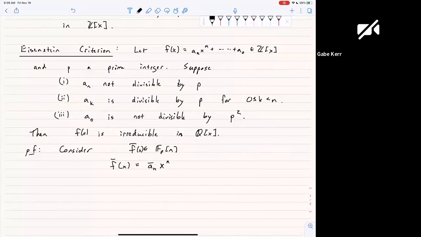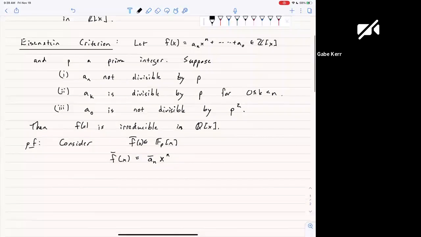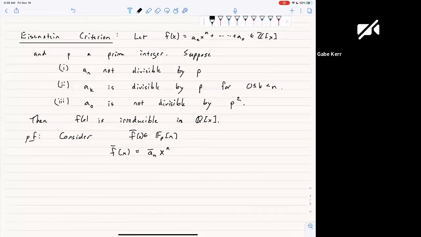So now, let's suppose for the moment that f can be factored in the rationals. If it's reducible in terms of rational polynomials, then by what we've seen in the previous section, it can be written as a product of non-constant integer polynomials. That's what we showed last section.